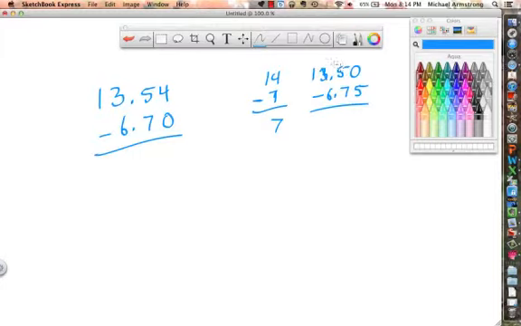You just have to make this 150, take this 1 and change it into another 10 tenths. So 150 minus 75 is 75. And then 12 take away 6 is 6, so 6.75. I think we did that right.